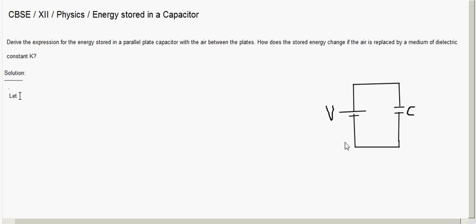Let q be the charge and V the potential difference across the capacitor at any instant during its charging.